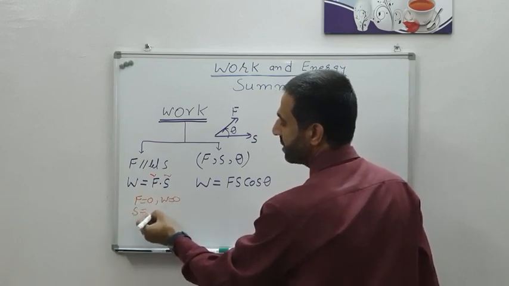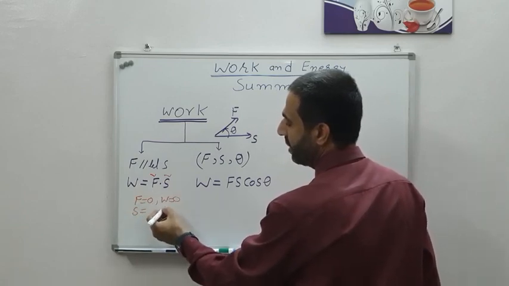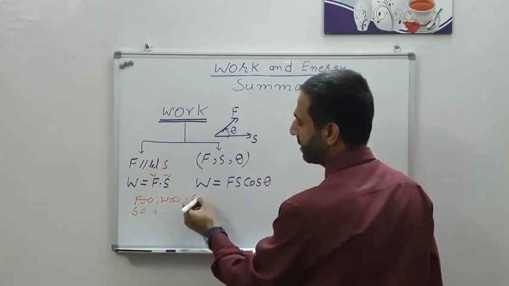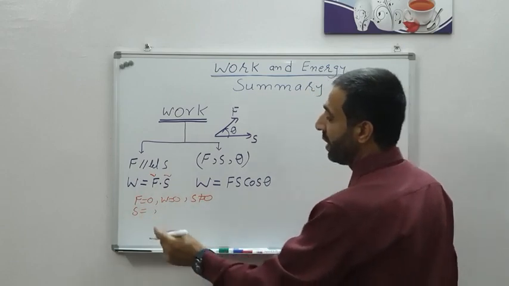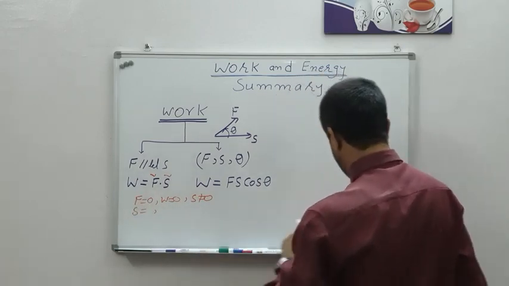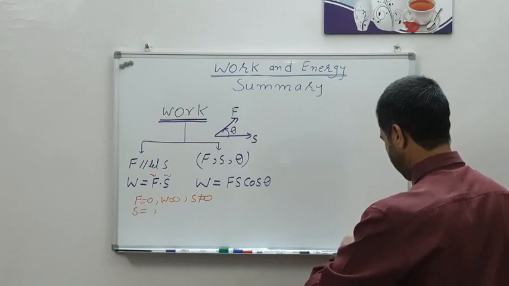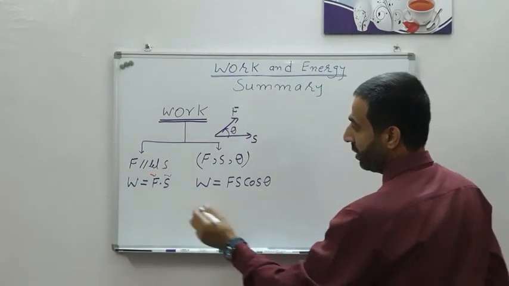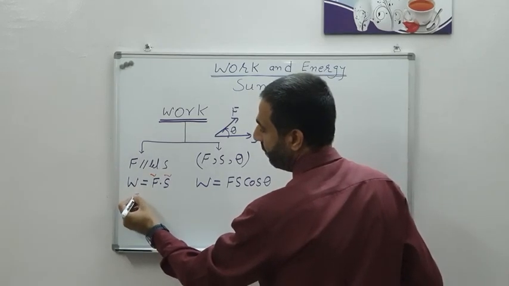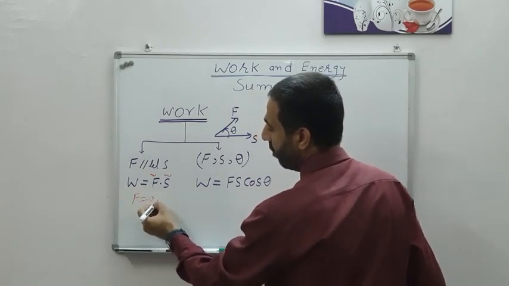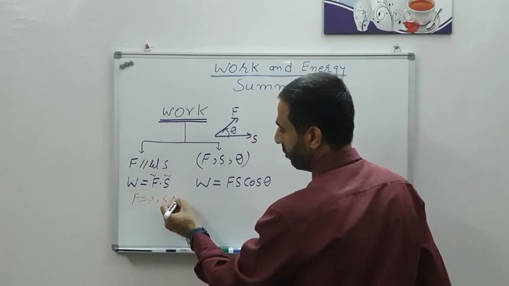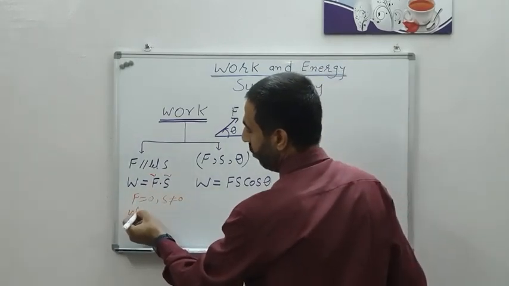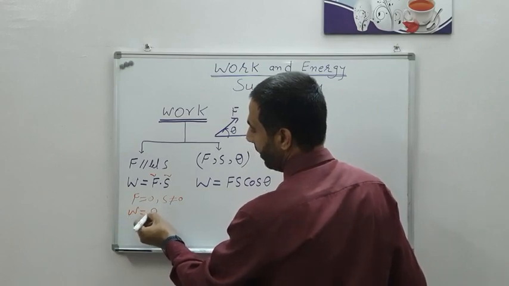If displacement is zero, still work done will be zero. Let me do it in a sequence, that would be better. Look, work done: F is equal to zero and displacement S is not equal to zero. Then in that case the work done will be equal to zero.